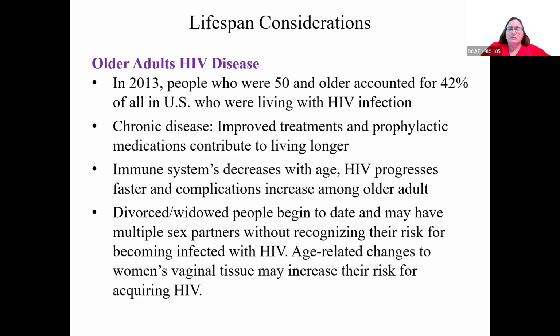And the reason why is that as a woman ages, especially when she hits menopause, her vaginal tissue becomes drier. And so during intercourse, that tissue can tear a little easier. It can have micro tears in there, which is going to be an opening or a portal of entry for that HIV disease.